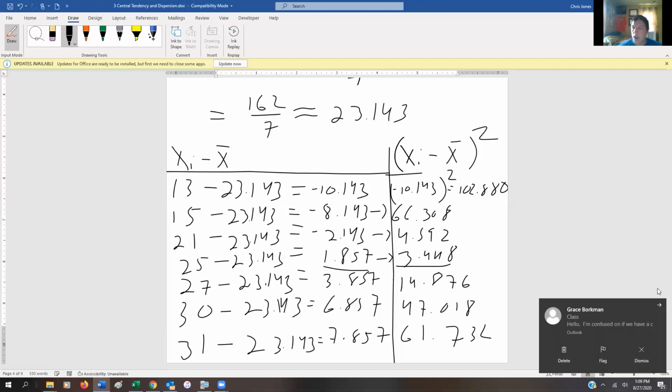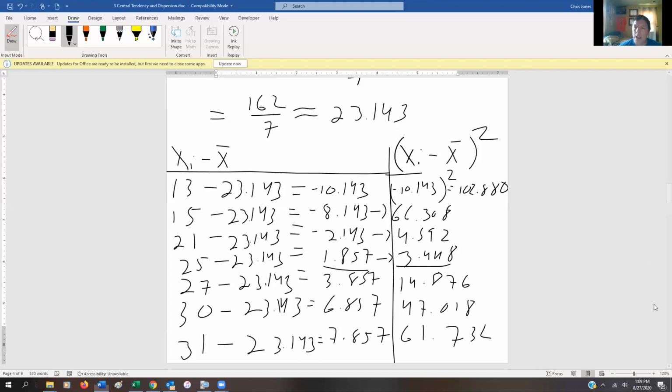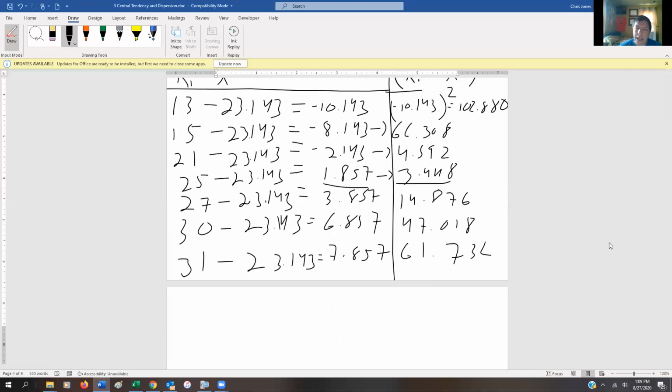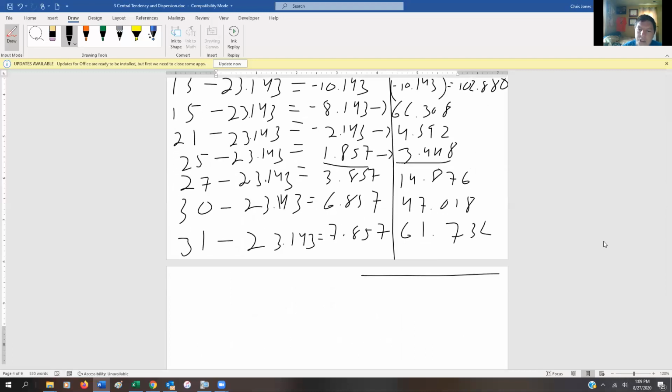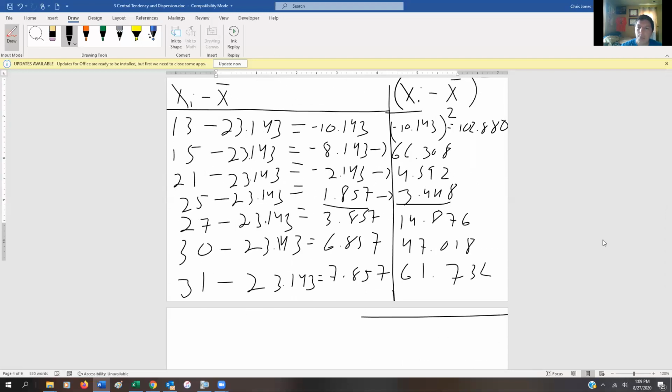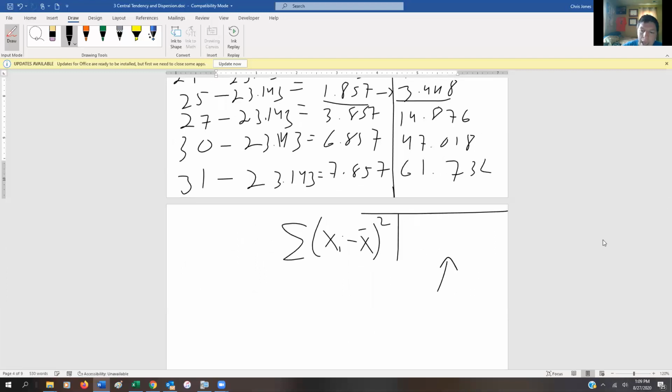Now, after we're done squaring each of the numbers, the last thing that we have to do is get a sum of this. So we are going to add up this column. We are going to get the sum of all x sub i minus x bar squared. And that just means we are going to add all the numbers in this column.